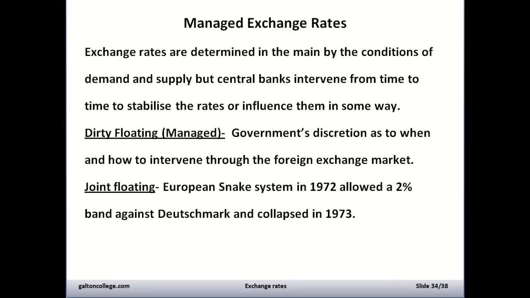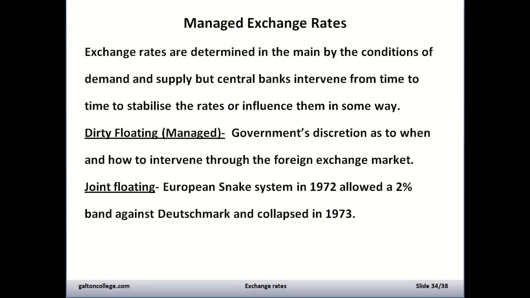There was one famous one called the European Snake in 1972, in which countries in Europe tried to fix their currencies closely together, so that when one moved up, they all moved up. When one moved down, they all moved down. So that was the European Snake. That also collapsed, but the idea was to try and bring the currencies together.